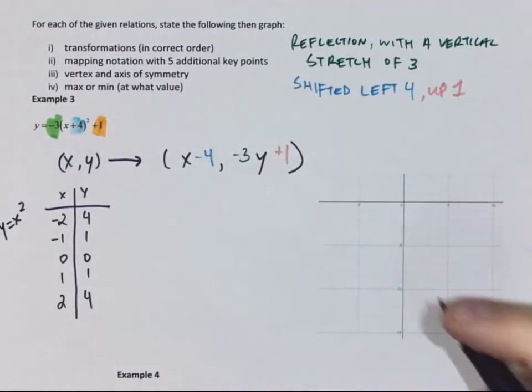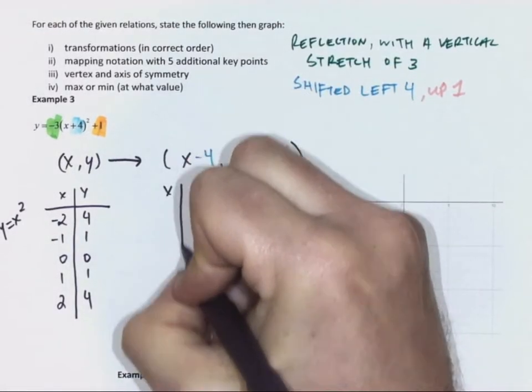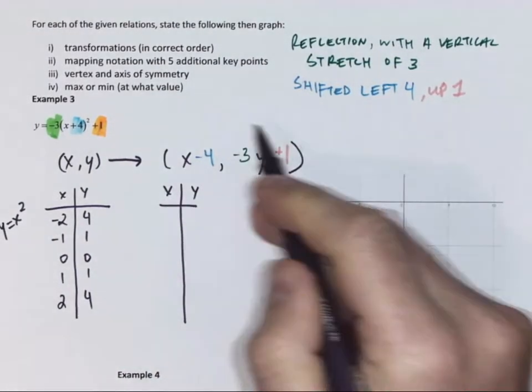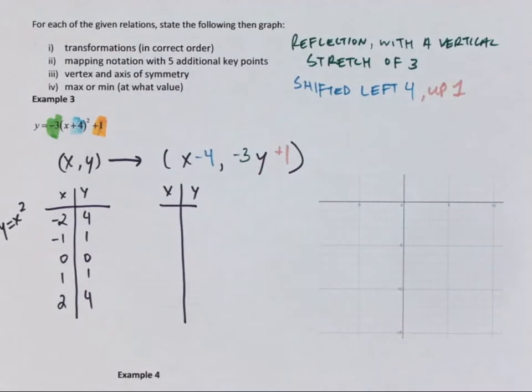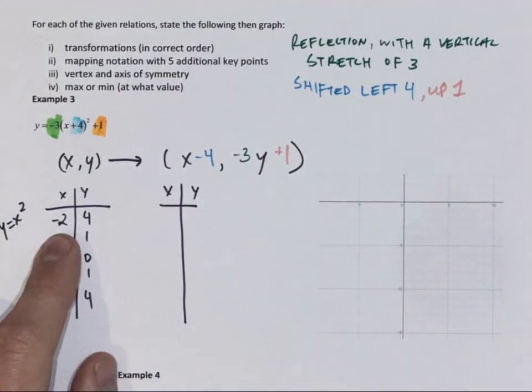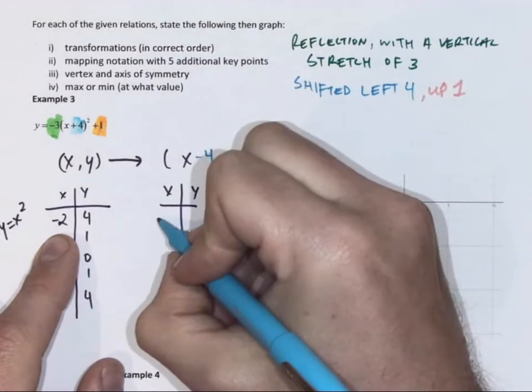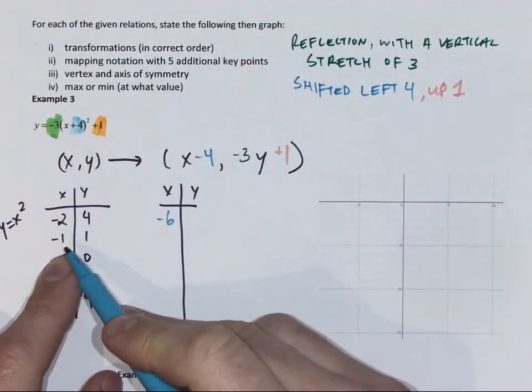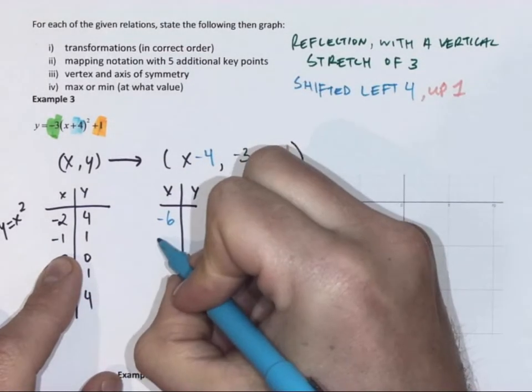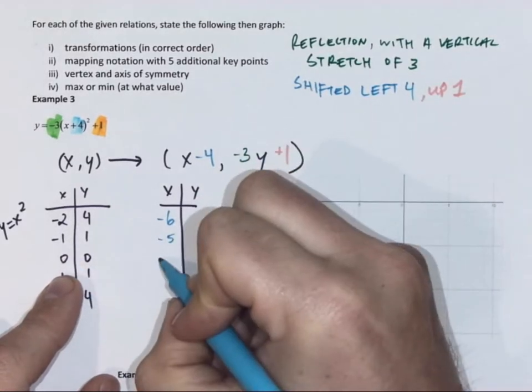Here are our 5 points, and we're going to say how they transform according to that math. For the first point, our x value is negative 2. When x is negative 2, take away 4, it moves to negative 6. Negative 1, take away 4, moves to negative 5. 0.